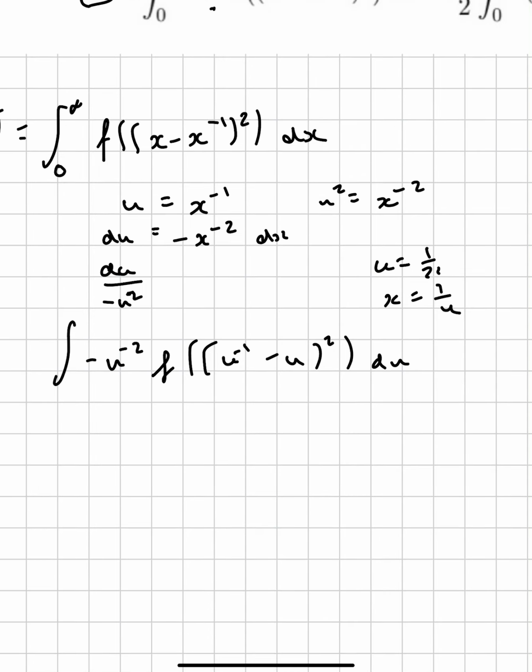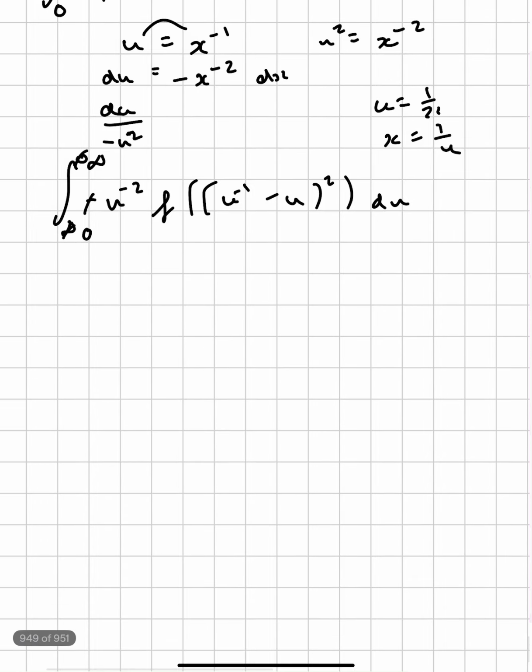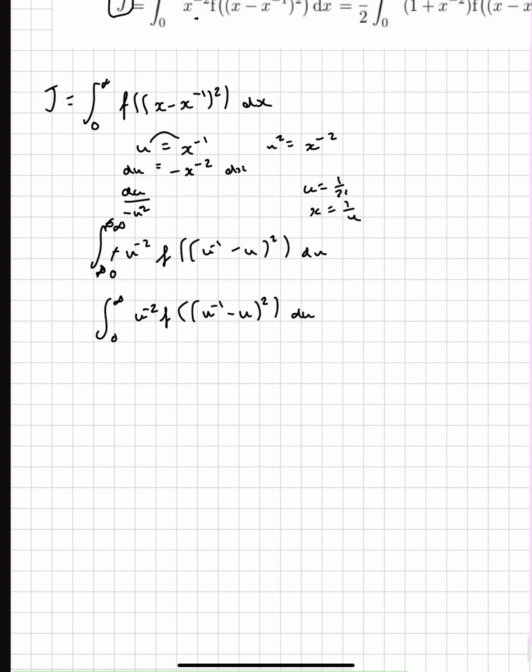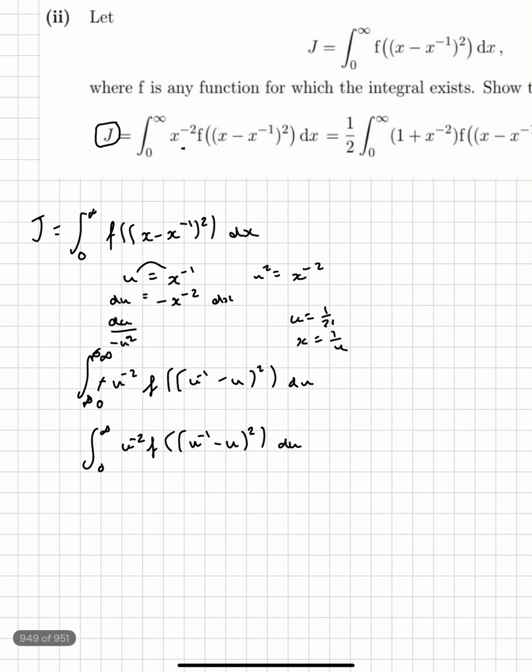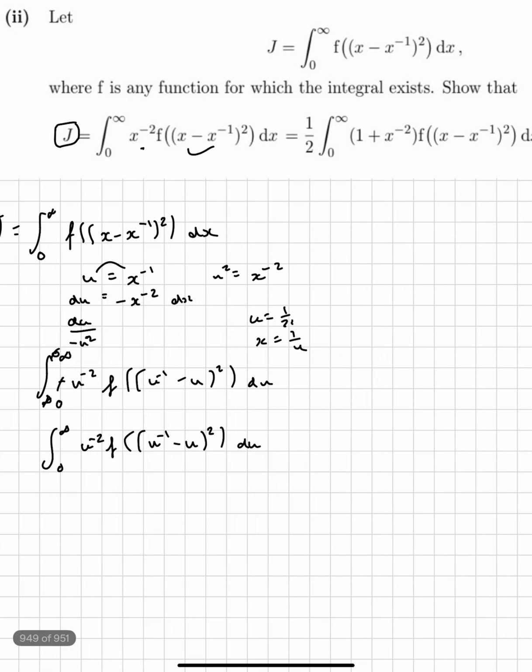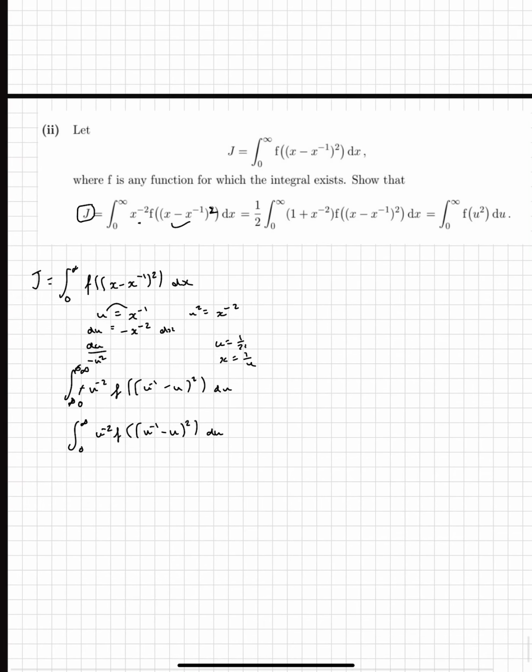Essentially, which is quite nice, the limits are the inverse of the other limits. As u tends to 0, x tends to infinity, and vice versa. So the limits are just switched, and the minus can cancel these limits. So we have f of u to the minus 1 minus u squared du, which is now looking very similar to this here. There's a slight difference, but since we're squaring, it gives us the same result either way.